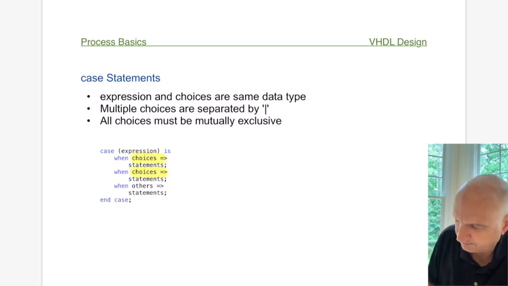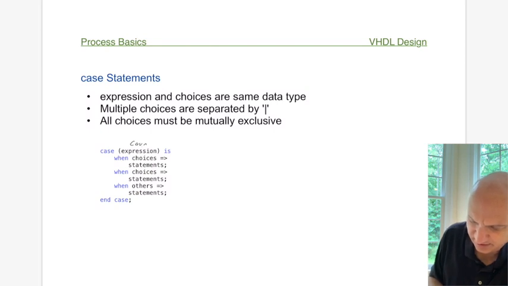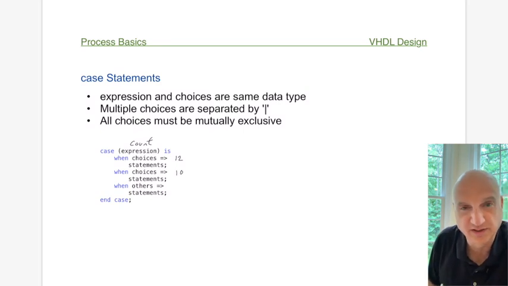So right here is where you would list the choices. If this were an integer, and I were to play around with this and say, in case count is equal to 12, then the statements underneath there would execute, or if count is equal to 10, I could do something else here.